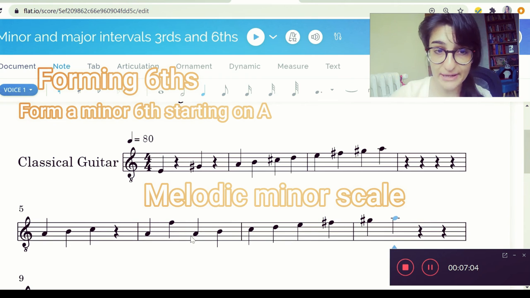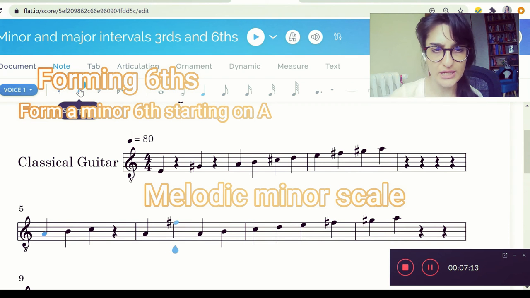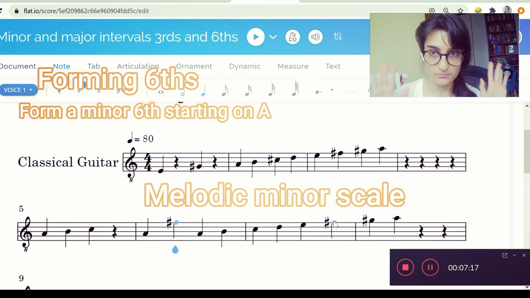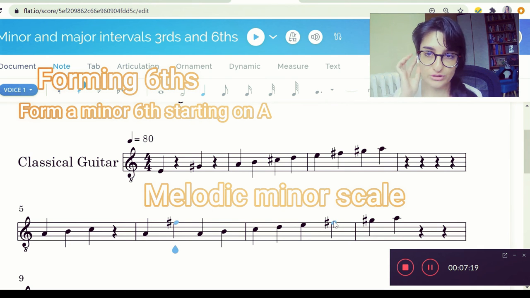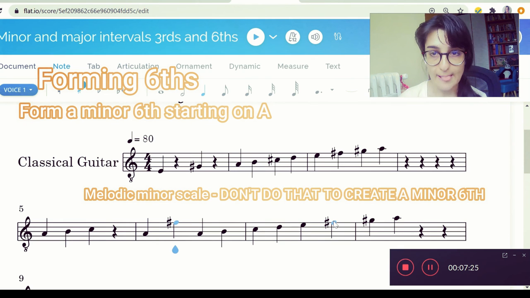So you might be tempted, when you're asked to form a minor 6 interval starting on A, to sharpen this. Because you think, if I'm forming a minor scale starting on A, the F is sharp. But for this exercise, we don't form a melodic minor scale. We form a natural minor scale.